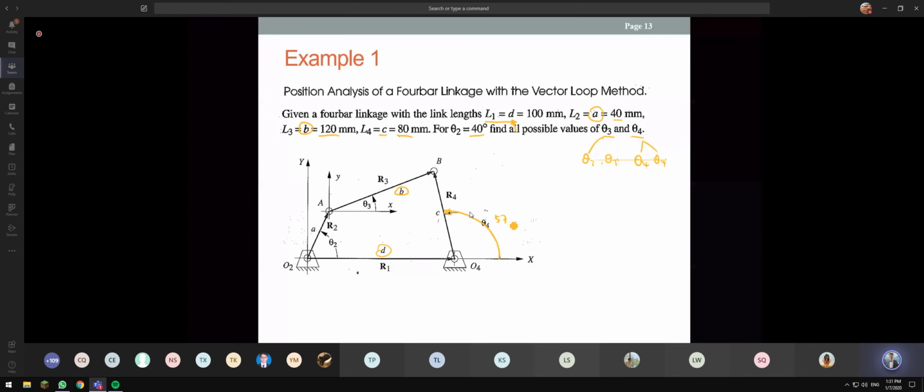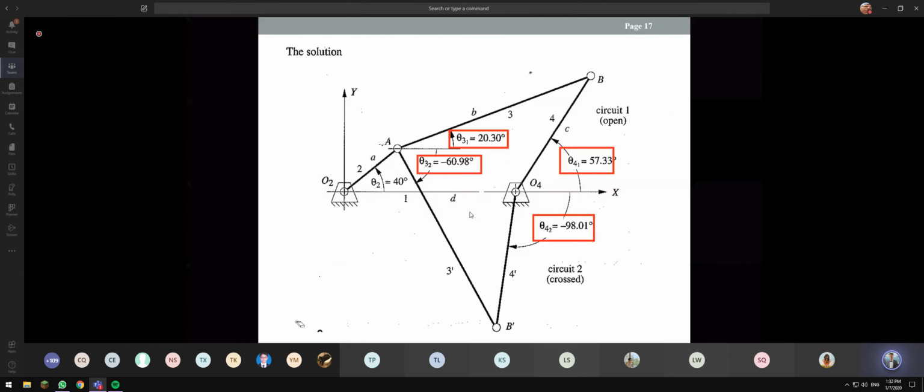If this is 57, it will not be there, so maybe it's better for me to draw a new one. It's over here actually, so we don't have to draw. So the first angle is 57.33.